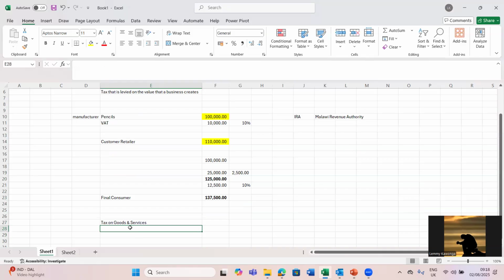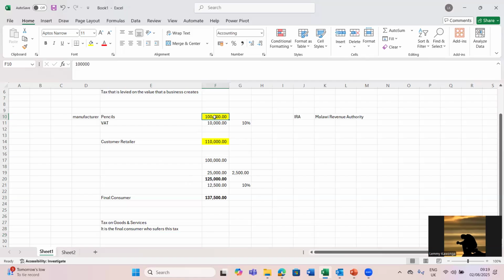And another takeaway point is it is the final consumer who suffers this tax.